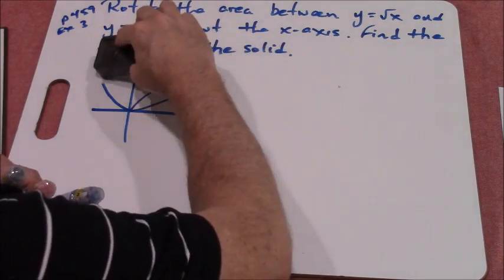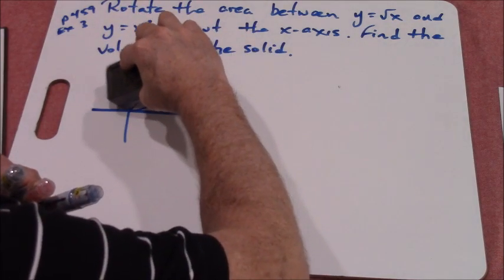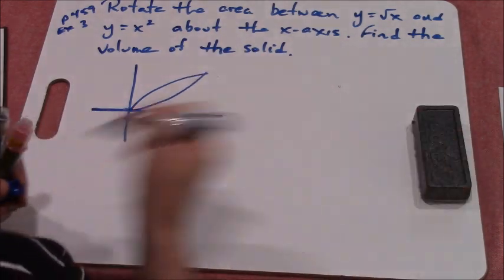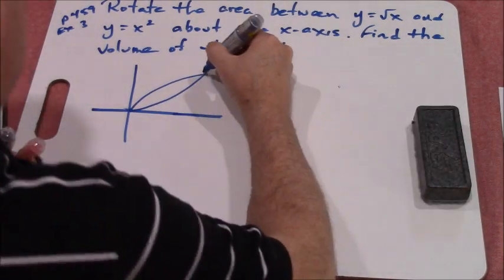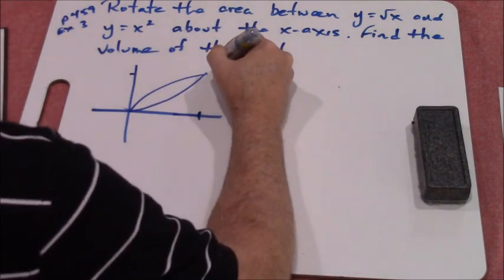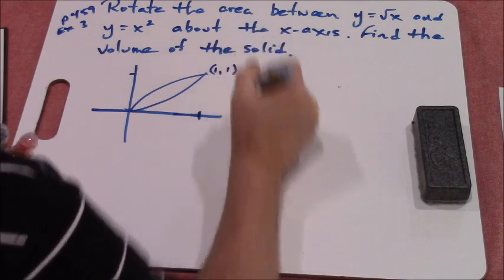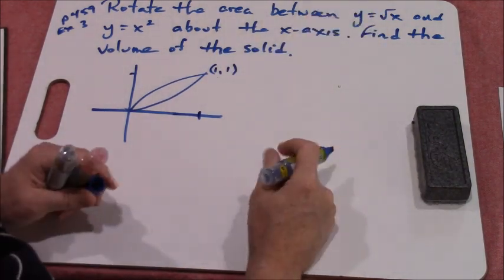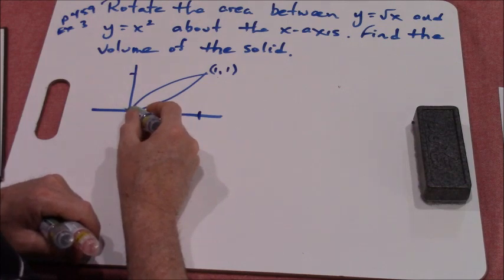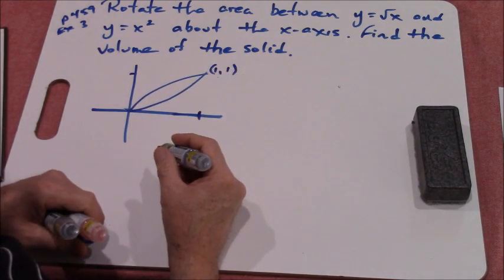I really don't need the parabola on this side. And let's see, I suppose I got to get that tick mark in the right spot. It should be right here. So these two graphs would intersect at 1, 1. If we set those two equations equal to each other and solved, that's what we'd find. They intersect at 0, 0 and 1, 1.